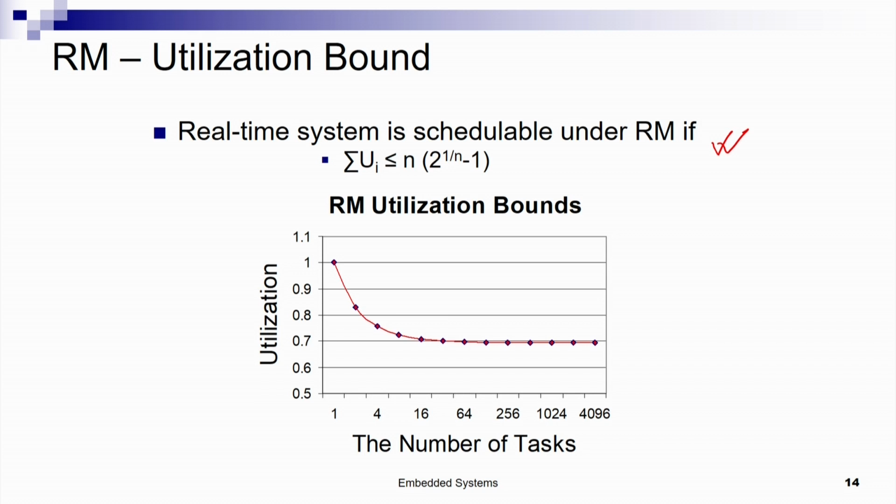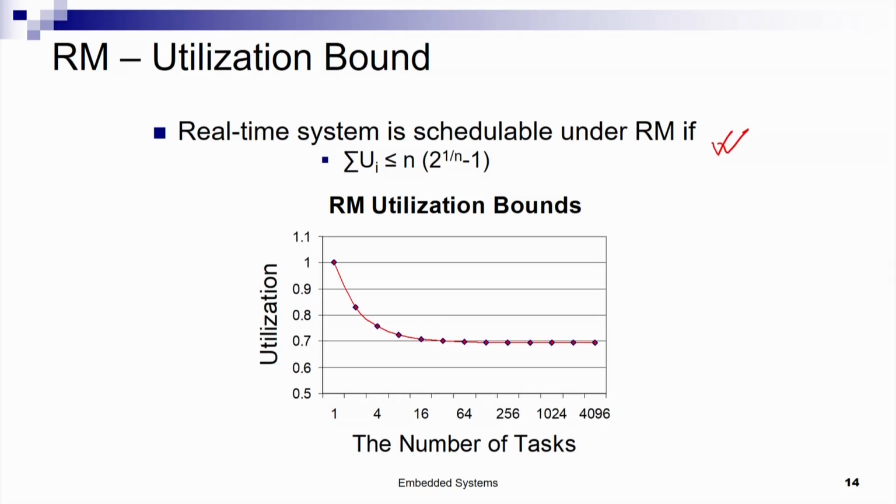We do not need any other analysis. If the utilization of the task set is greater than 0.78, we need other mechanisms for analyzing, more complex mechanisms for analyzing whether that task set will be schedulable under RM. This is always considering 3 tasks.